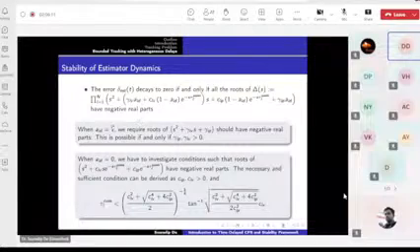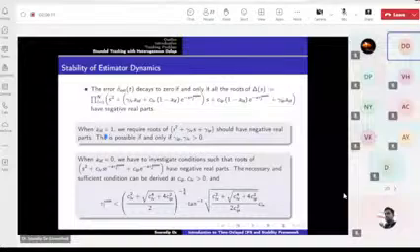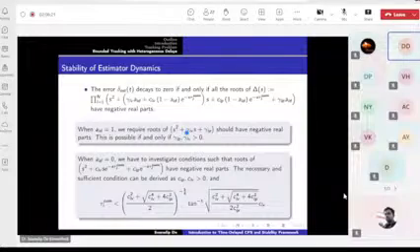Then we just have to ensure that this particular factor has negative real parts. The roots of this have to have negative real parts. That is possible for positive values of gamma_iv and gamma_ip. But when the information of the desired trajectory is not coming to the ith agent, then I have to ensure that this particular factor will have negative real parts.